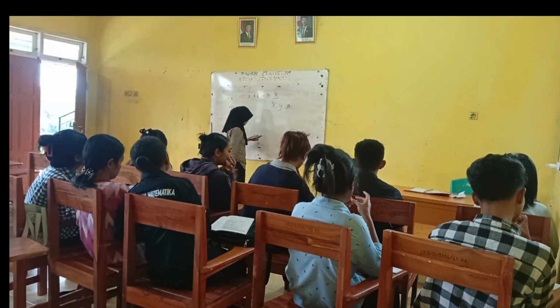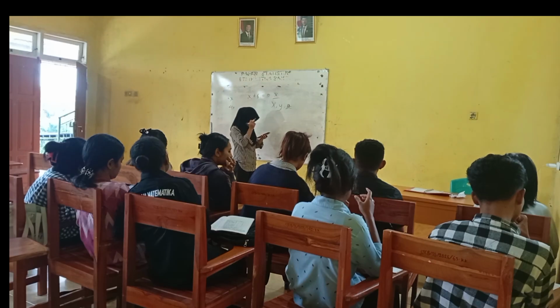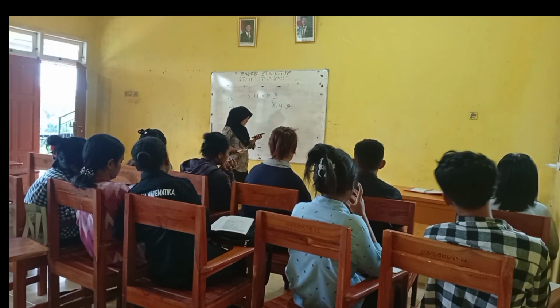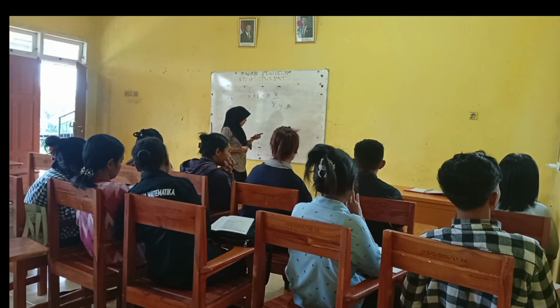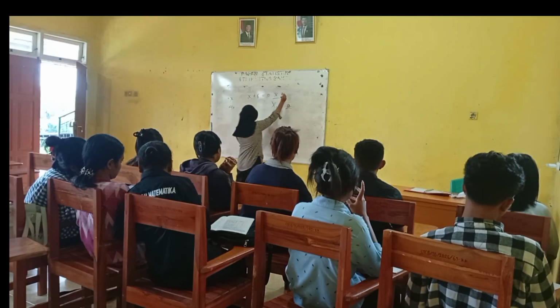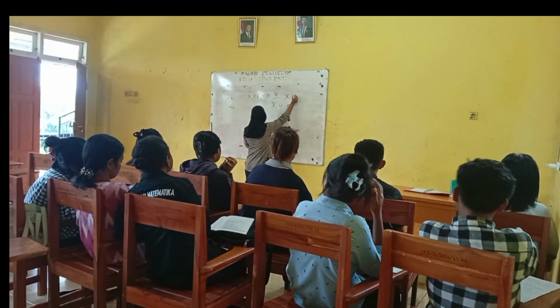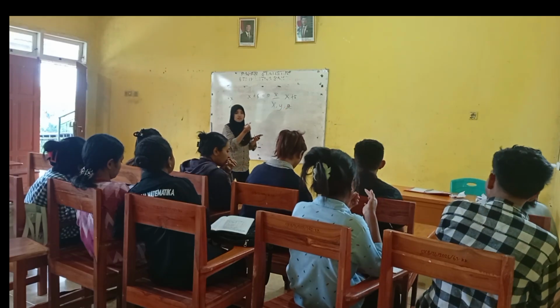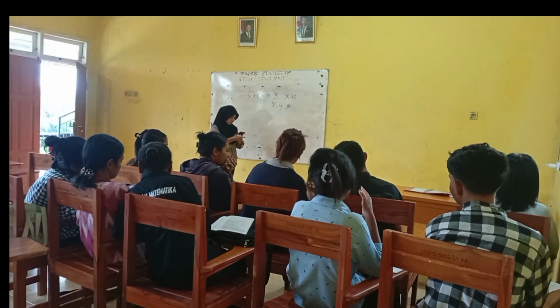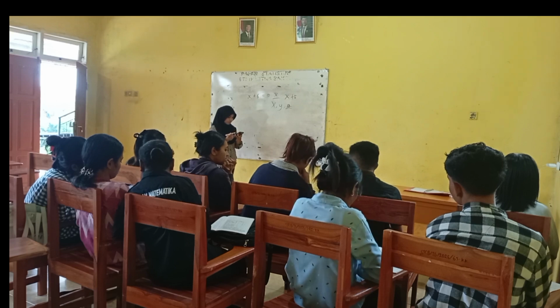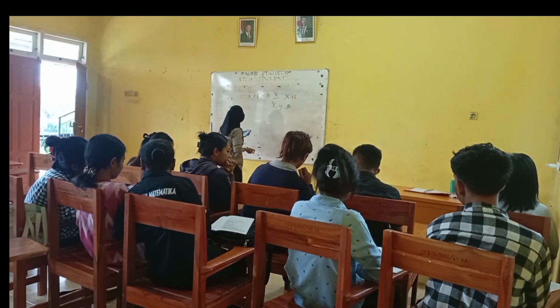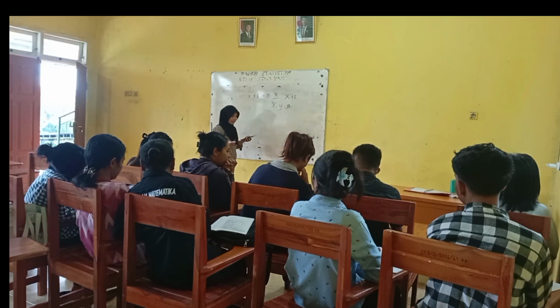If there are 5 oranges, then the total number of fruits is x plus 5. Isn't that easy? Oh, I see, Miss. Variables are like empty spaces that we will fill with numbers later.